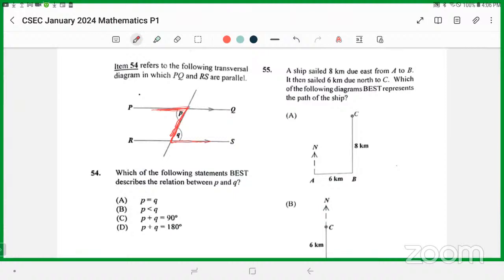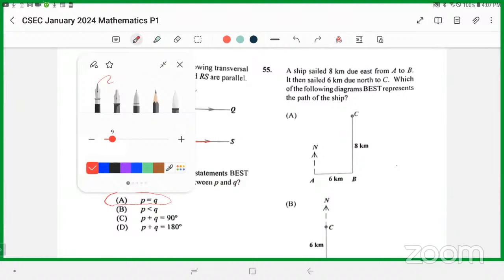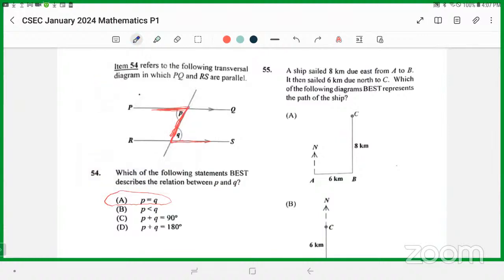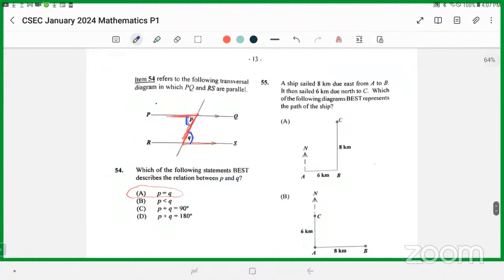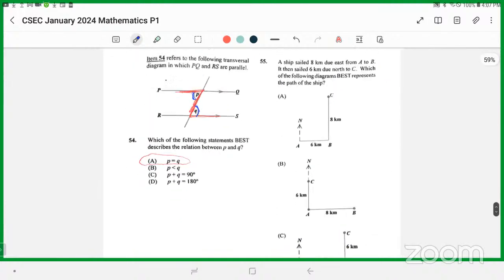That's the first one. Alternate angles are equal. This angle equals that with a different color. Angles in the Z. Alternate angles are equal. All right, that's 54.